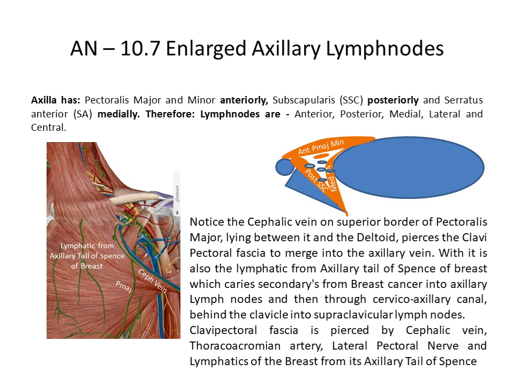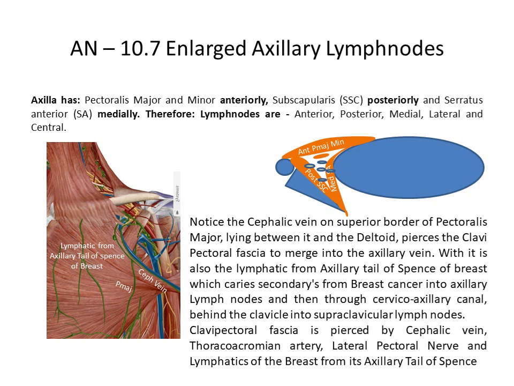Now, you notice the cephalic vein on the superior border of the pectoralis major, lying between it and the deltoid muscle, which pierces the clavipectoral fascia, connecting the clavicle to the pectoralis minor, to merge into the axillary vein.